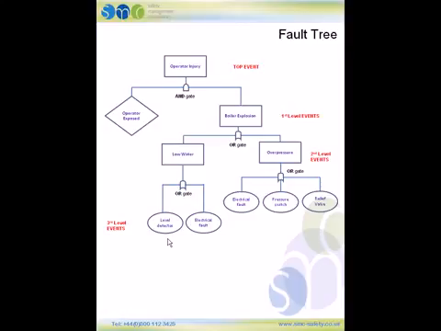Okay, what we need to do now is apply the frequencies from the table. For condition A, the low water failure, the frequency for the level detector is 0.1 per year, and for the electrical fault 0.05 per year. Because this is an OR gate, we need to add the frequencies. So the frequency for the low water failure is 0.1 plus 0.05, giving us a frequency of 0.15 per year.